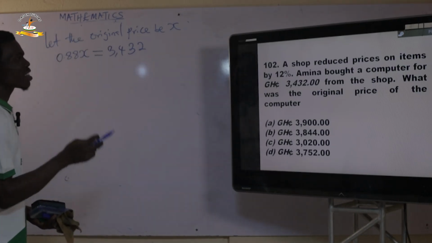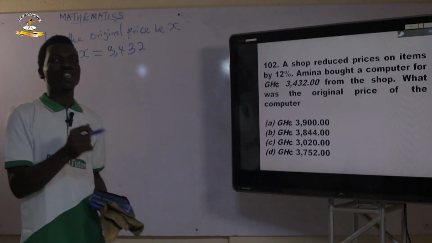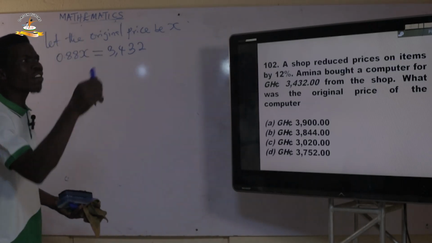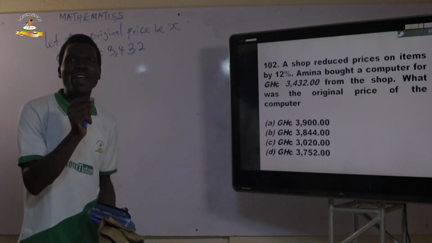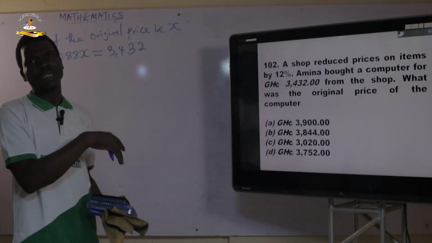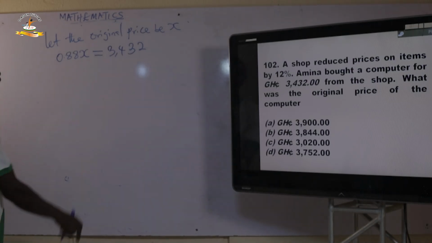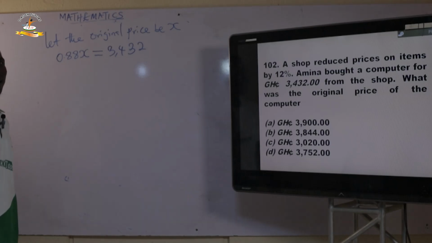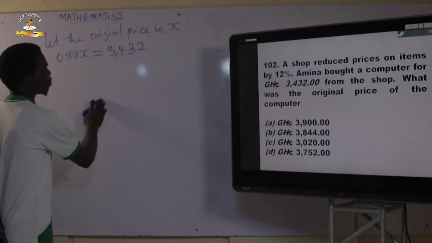So it was 12%. If you bring it to my method, it's going to be 0.12. Since it is a reduction, because the question says reduced, I subtract 0.12 from 1, and that is going to be 0.88. 0.88 times the original price is what this lady got it for, and that was 3,432.